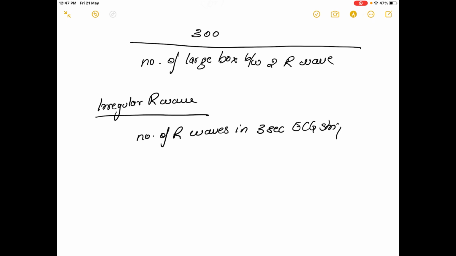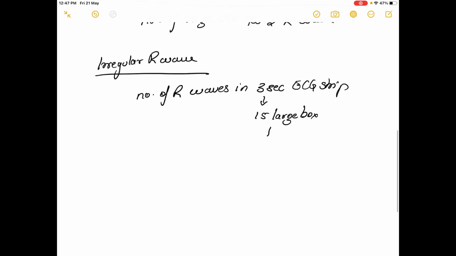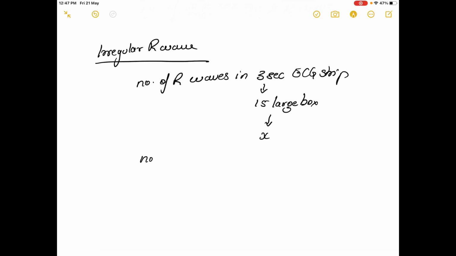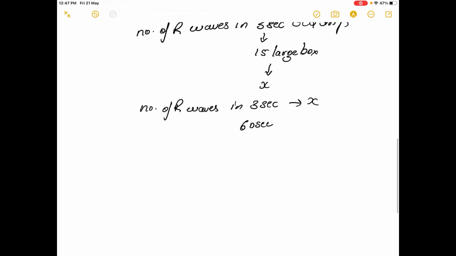A 3-second ECG strip would be 15 large boxes. Take the number of R waves in the 3-second strip as X. Now cross multiply for 60 seconds, that is X into 60 divided by 3, and you'll get the heart rate.